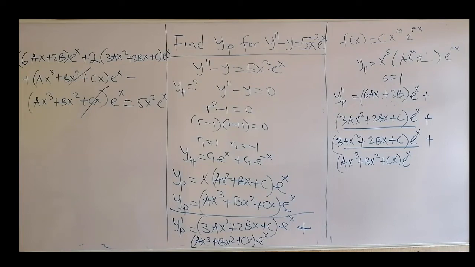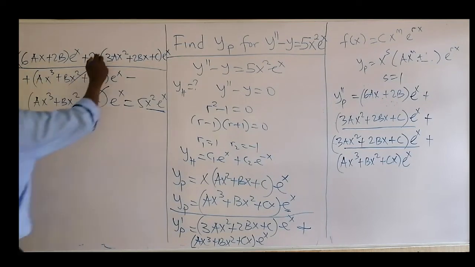So we're going to equate the coefficients according to this one. Let's extract that. We only have these two remaining. So here, 2 times 3a, that's what? That's 6ax squared e^x.